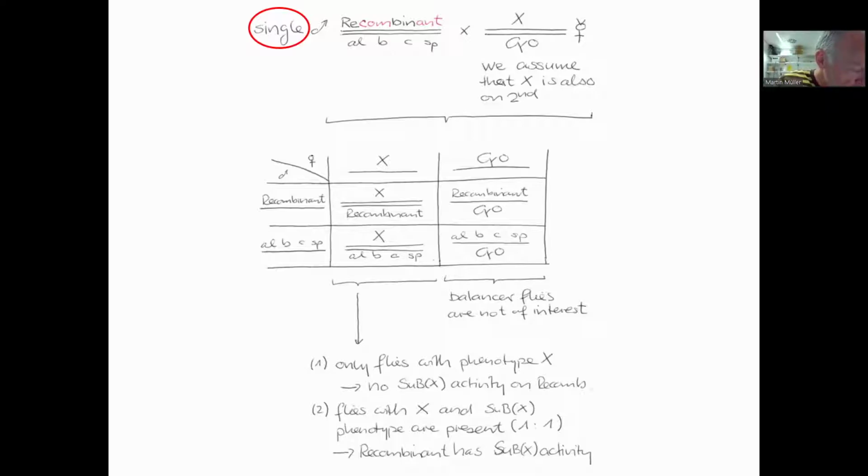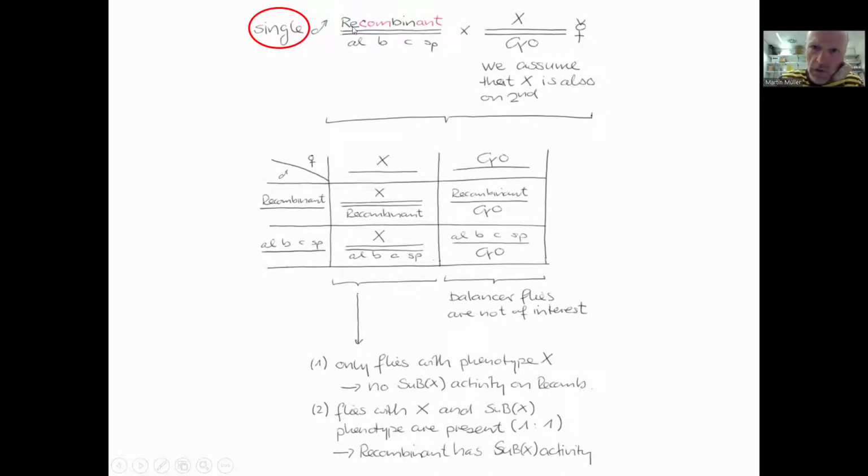I wrote these were subsequently tested for their suppressor activity by crossing them with X over balancer flies. So that is what we do here. We have the recombinants, which are heterozygous for the Aristolase black curved speck chromosome. And we ask, does the recombinant chromosome have suppressor activity?